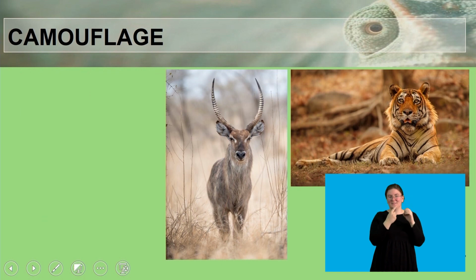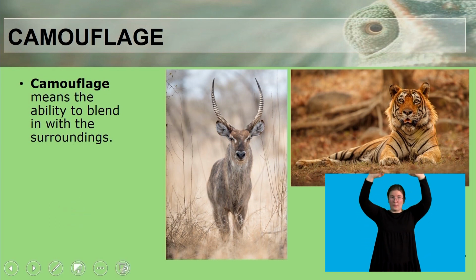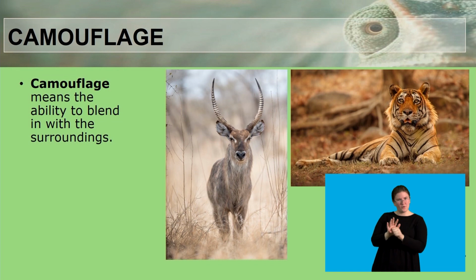The second adaptation strategy that we are going to look at is camouflage. Camouflage means the ability to blend in with the surroundings. Here we have a picture of a tiger and a buck. If you look at the buck, you see that the color is close or similar to that of the grass in the background.